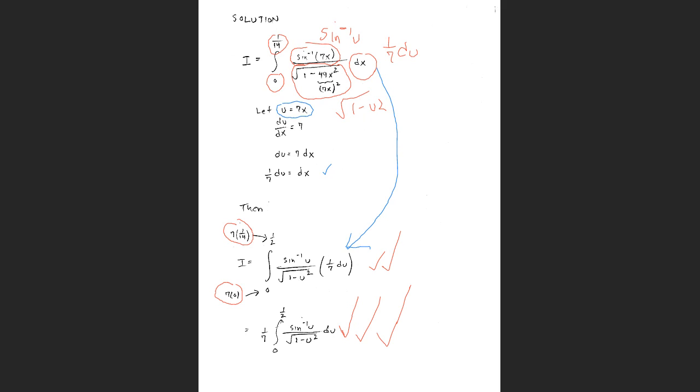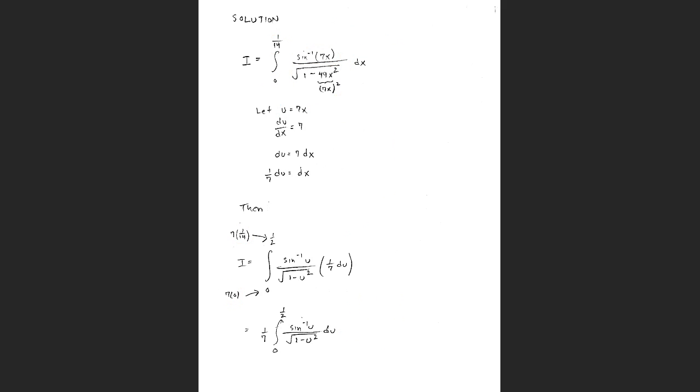I was just going to ask, why didn't you multiply by 1 over 7, instead of 7 times 1 over 14 to get 1/2? Oh, because we are going from an integral with respect to x to an integral with respect to u.